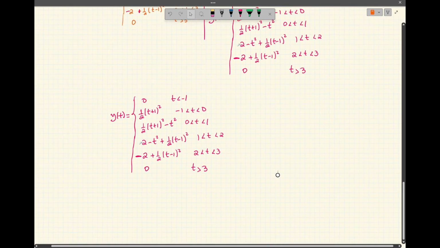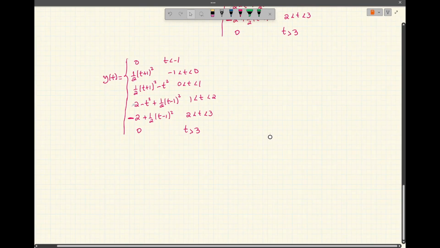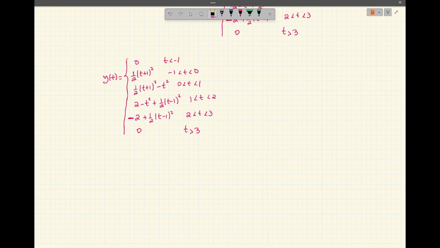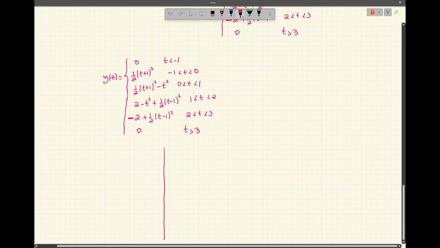So now let's sketch the output y of t. This will just give a rough sketch of the output. So let's put some axes here. So this is y of t.